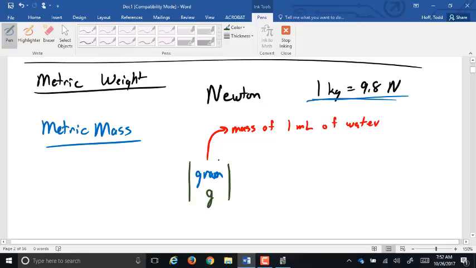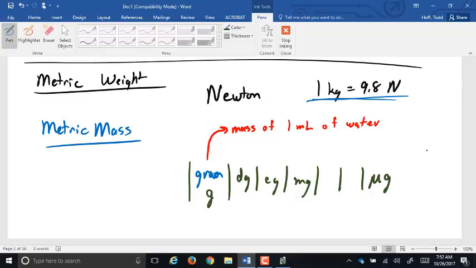Slightly more than your average paper clip is what that comes out to be. So a gram is abbreviated G. We have decigrams, centigrams, and milligrams. If we skip down, we would also have micrograms, a millionth of a gram. Micrograms getting pretty small. A gram is not that big to begin with.